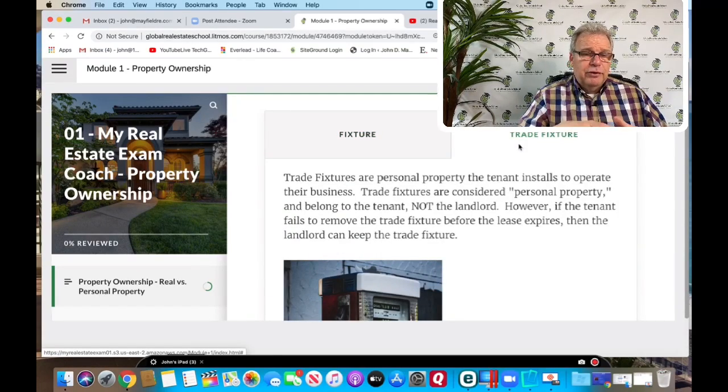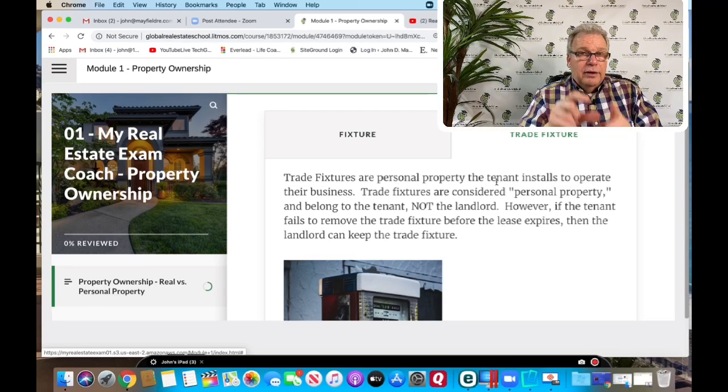A trade fixture, on the other hand, is personal property that the tenant has installed for use in their business. So if you put a restaurant in and you install the ranges and the walk-in coolers and shelving and anything else, those items would be considered personal property, because trade fixtures are considered personal property.